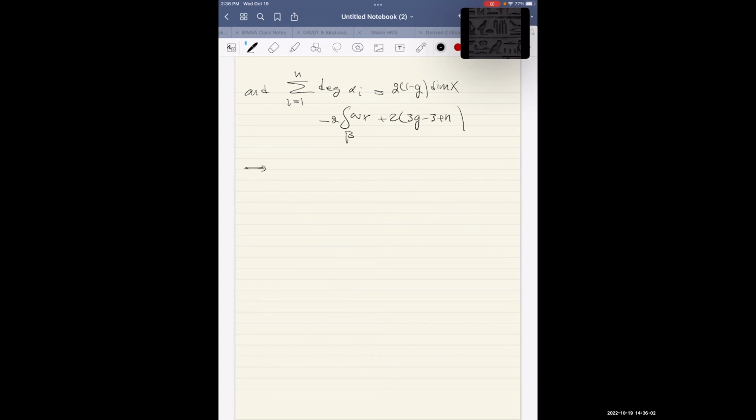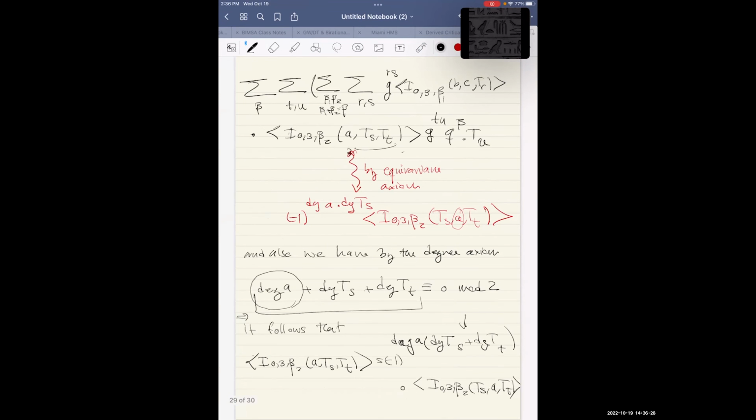This implies that degree of A plus degree of B plus degree of C plus degree of T and T is equal to 0 mod 2. So basically, the final result of this is that you will get the same answer.